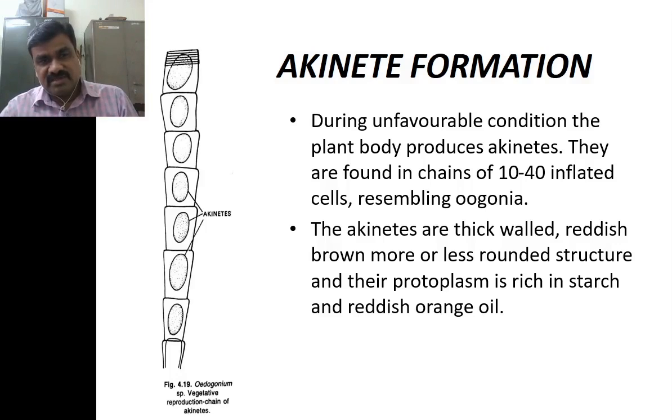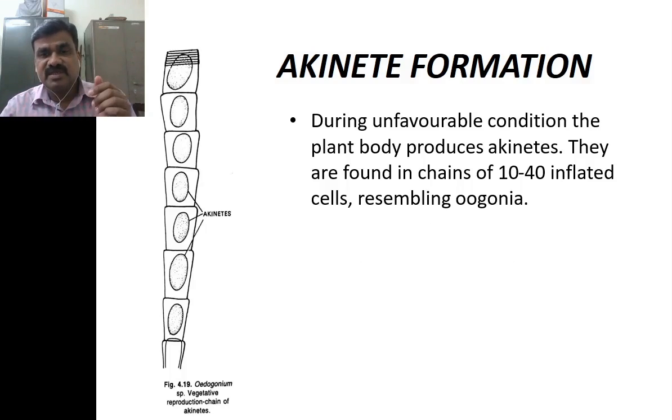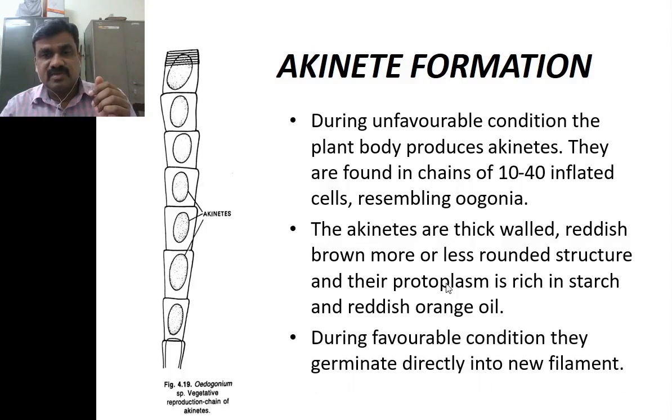Akinetes are resting spores made up of a thick-walled layer, which encloses a large quantity of reserve food material, namely starch. The overall color of akinetes is reddish orange, because of the presence of reddish orange oil in the protoplasm.